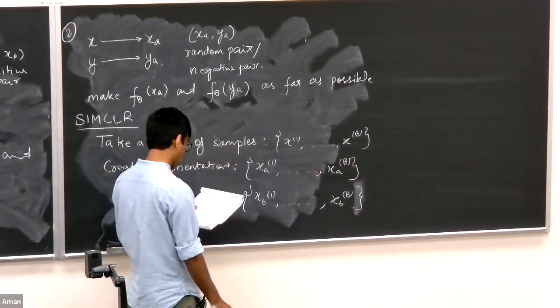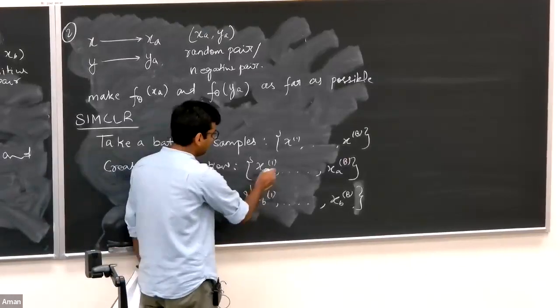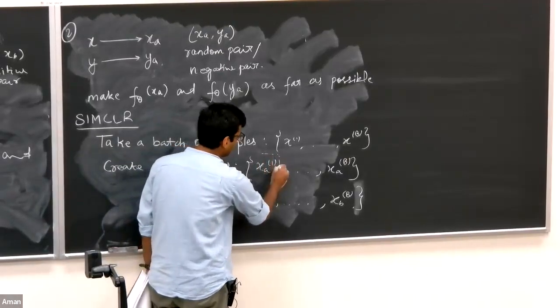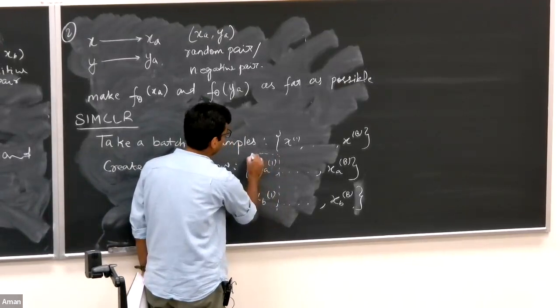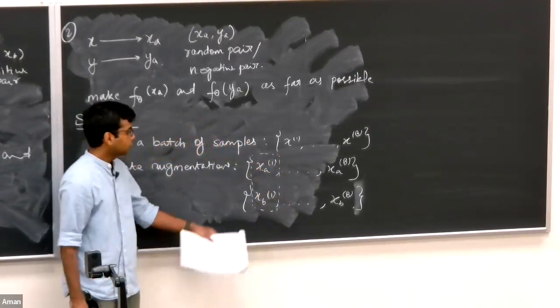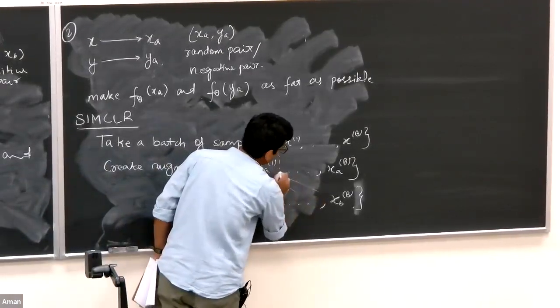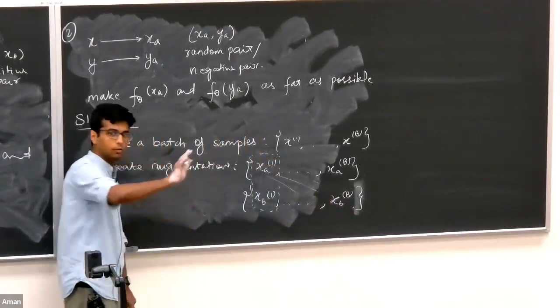Now what we want is that a positive pair from here, which means any two samples which belong to the same data point, should be embedded closer, and any other data point, like this one with any other point, should be further away.